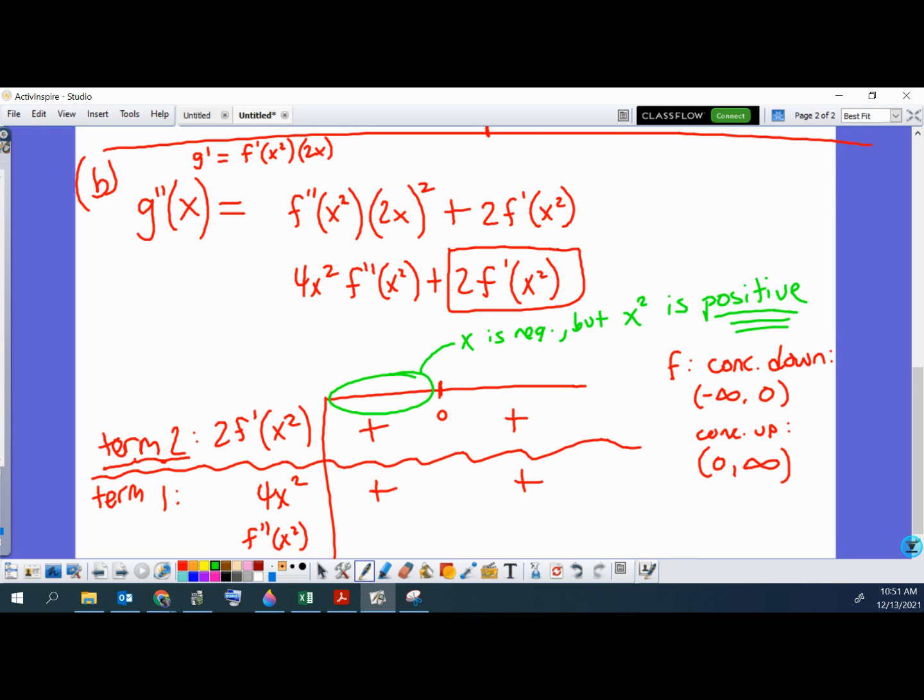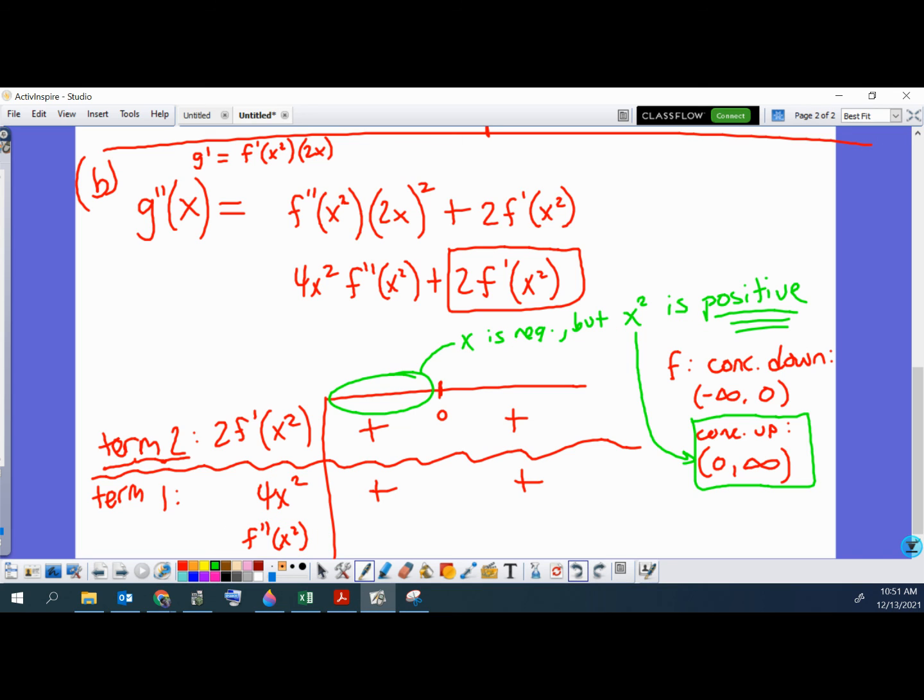And so f is concave up on this interval, well, f double prime of x squared has to be positive there because for these x values, x squared is positive, which means f double prime of x squared is positive. That's what that means.